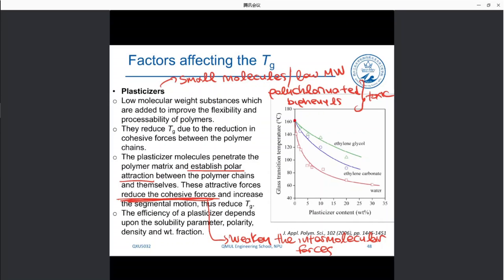So yeah, as you can see from this graph, the amount of plasticizer we use is able to regulate the glass transition temperature, okay? So let's say, what is this polymer? It has a glass transition temperature of 160.